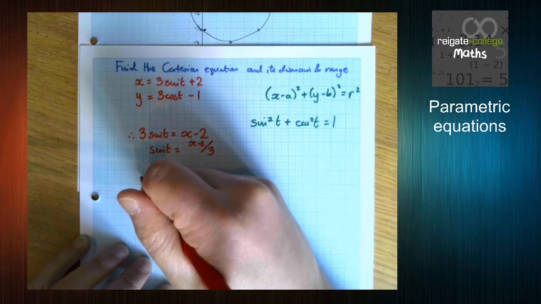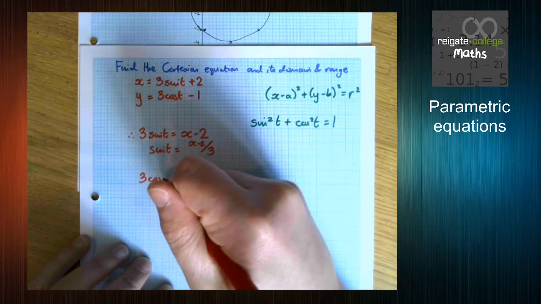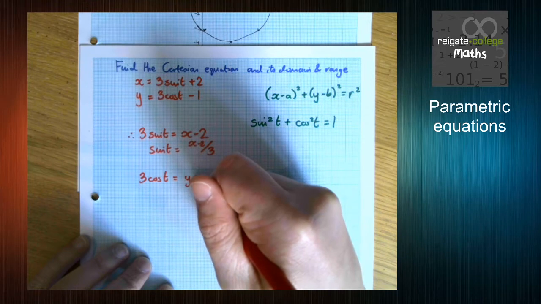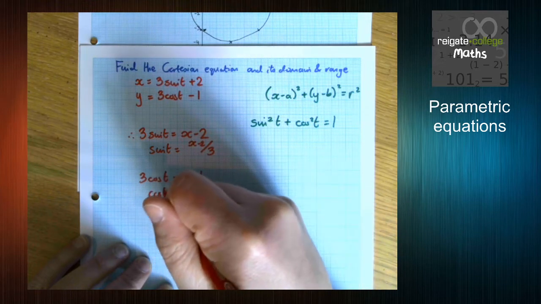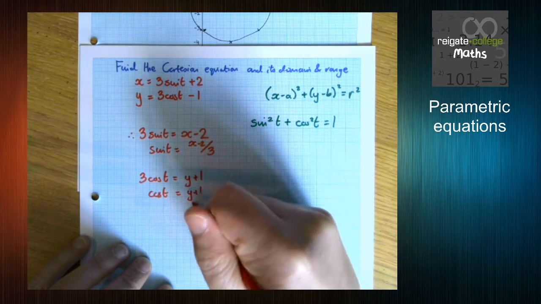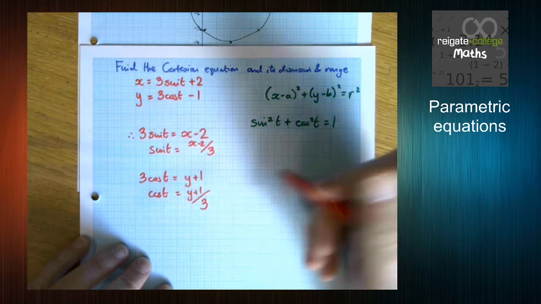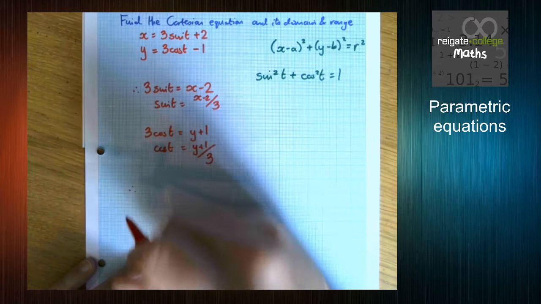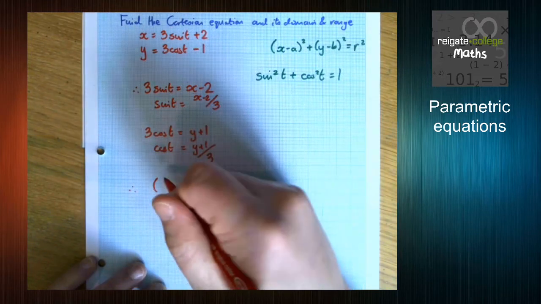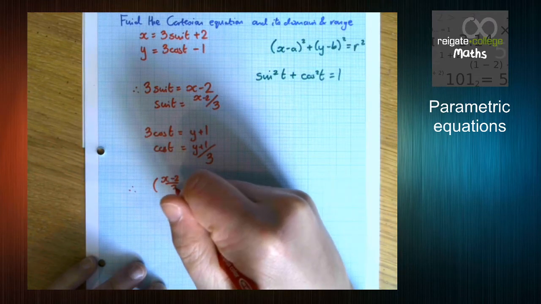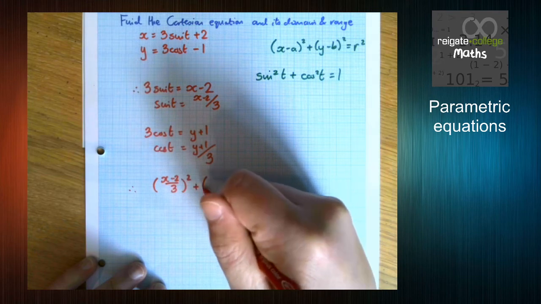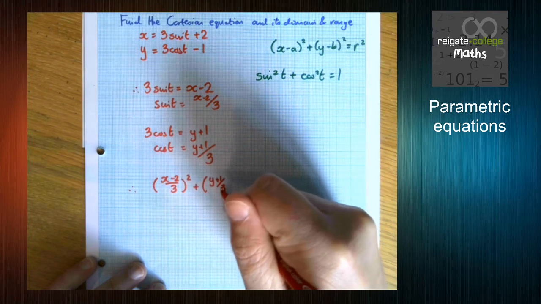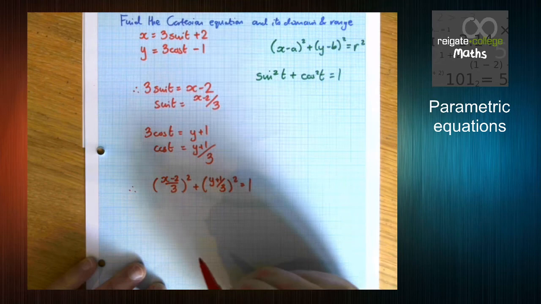Likewise, 3 cos t is going to be y plus 1, so cos t is (y plus 1) over 3. And now we can use our trig identity. So ((x minus 2) over 3) squared plus ((y plus 1) over 3) squared equals 1.